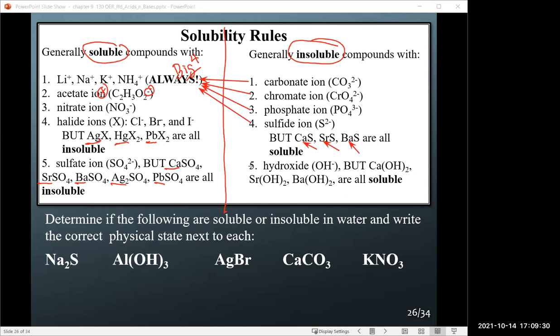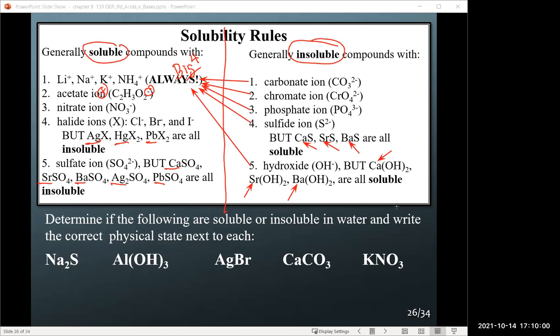And the same is true with the hydroxides. That's why I said sodium hydroxide is a strong electrolyte, because all hydroxides are insoluble except when they're bonded to the big four and bonded to calcium, strontium, and barium. So we got 7 hydroxide examples that are soluble, and everybody else is insoluble.